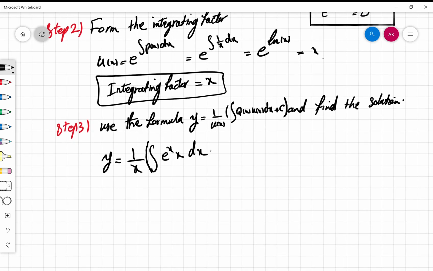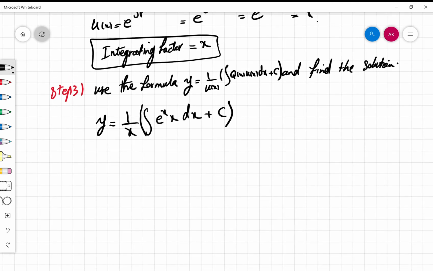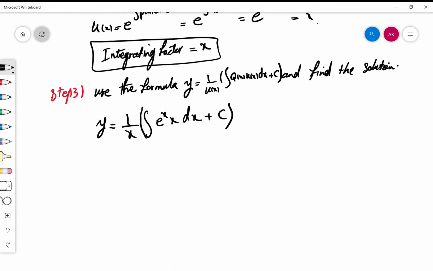And then don't forget to do this piece. When you write this, you just express the solution in terms of an integral. We have to do the integration, so we have to complete it. So here I need to compute this.